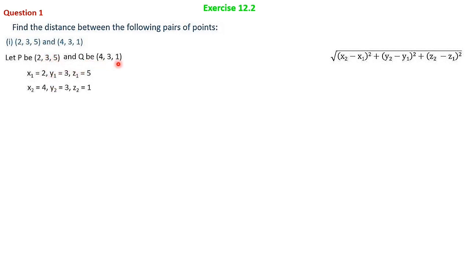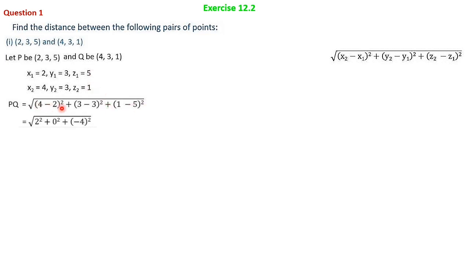For the second, x2 is 4, y2 is 3 and z2 is 1. So PQ is equal to root of (4 minus 2) the whole square, plus (3 minus 3) the whole square, plus (1 minus 5) the whole square.